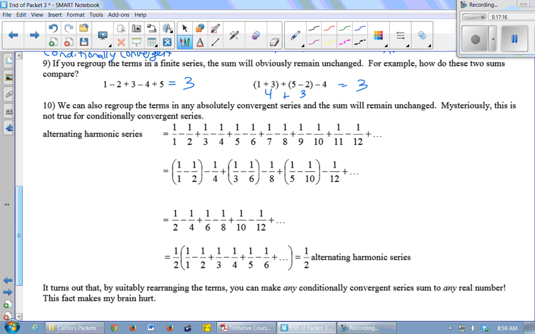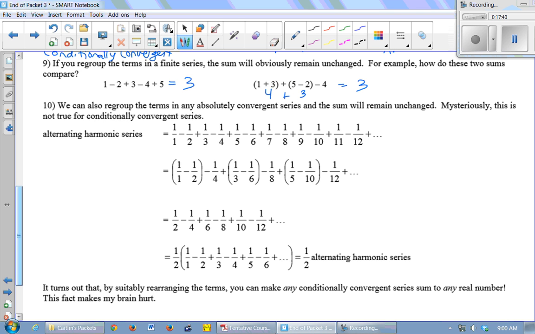We can also regroup the terms in any absolutely convergent series, and the sum will remain unchanged. But mysteriously, this is not true for conditionally convergent series. So here's the alternating harmonic series. 1 minus a half plus a third minus a fourth plus a fifth minus a sixth. We know that this is convergent.